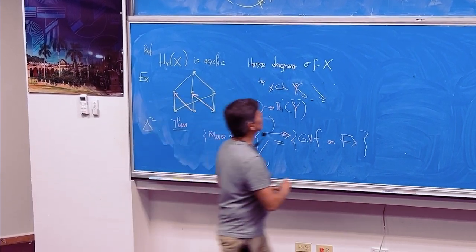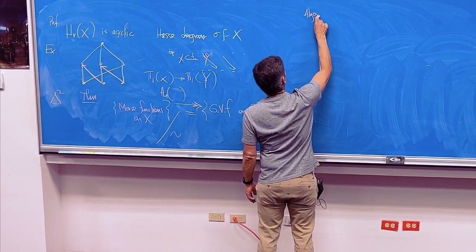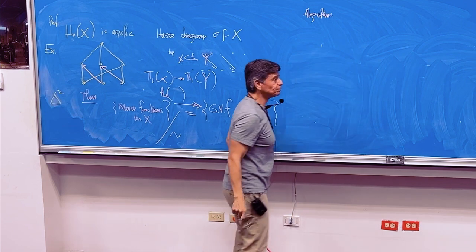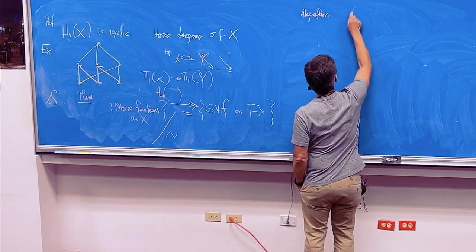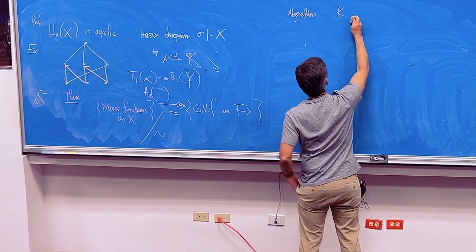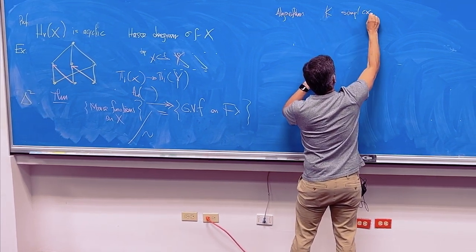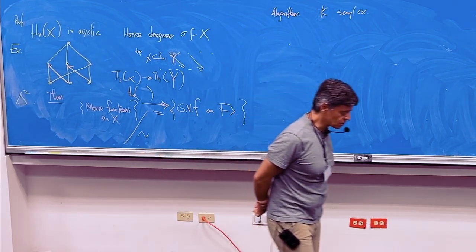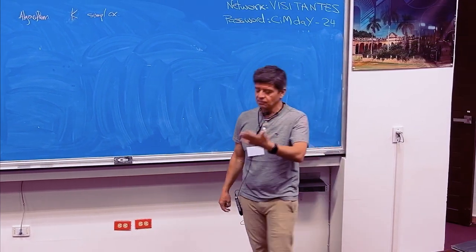All right, so what I'm going to be describing is a precise algorithm to produce a gradient field on a given X, let me just call it K, a simplicial complex. Now, I already mentioned in the previous session that there are several algorithms.